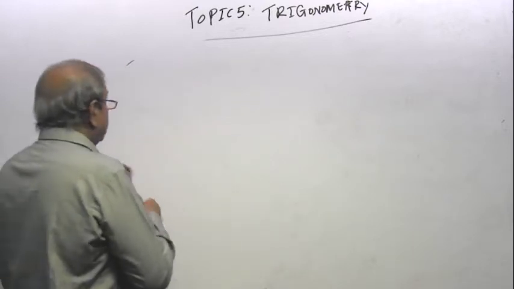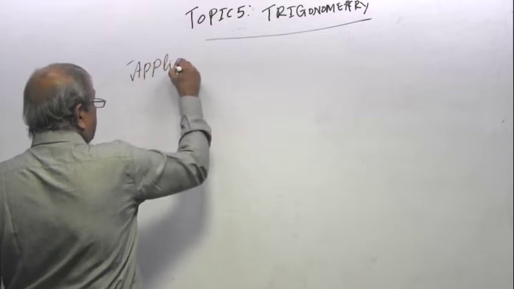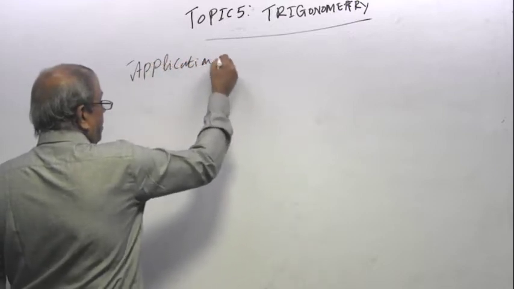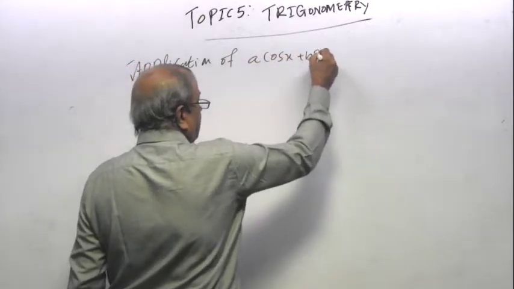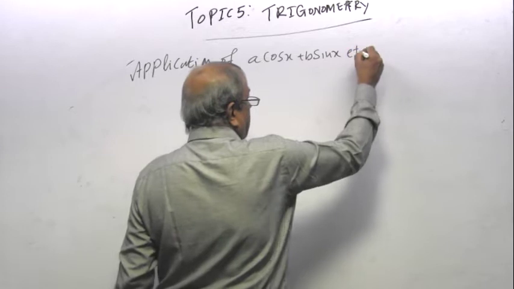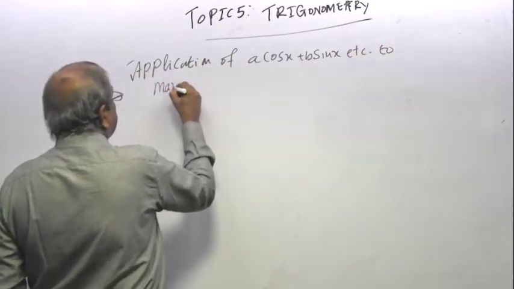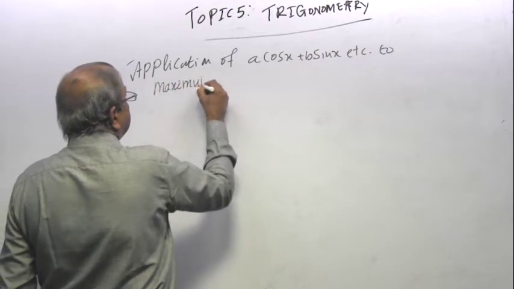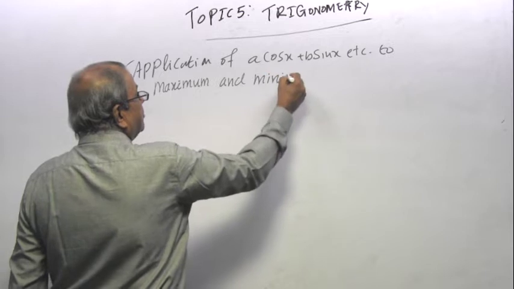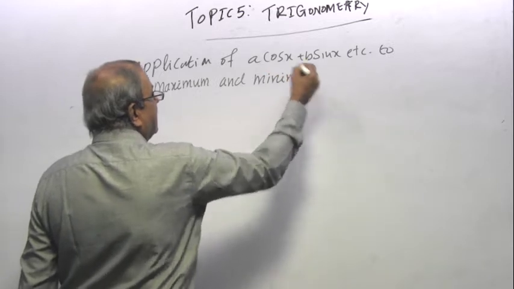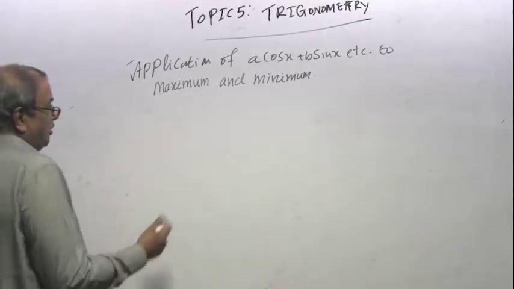So now, in other words, application of a cos x plus b sin x, etc. to maximum and minimum. I'm sorry about it. I should have realized, but I forgot completely. So I'm sorry. That's all I can say.